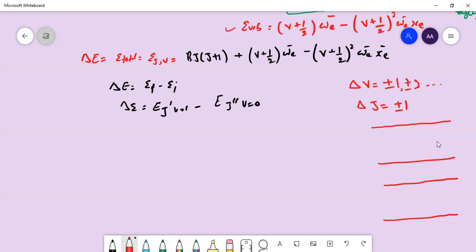So this is our vibrational energy levels. The first energy level is V = 0, and this is V = 1. So this is our first energy level, and this is our second energy level.